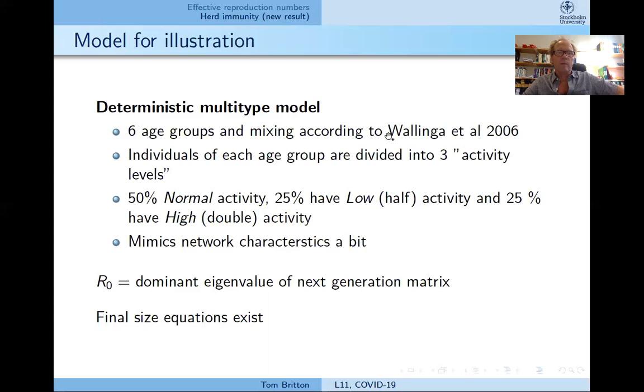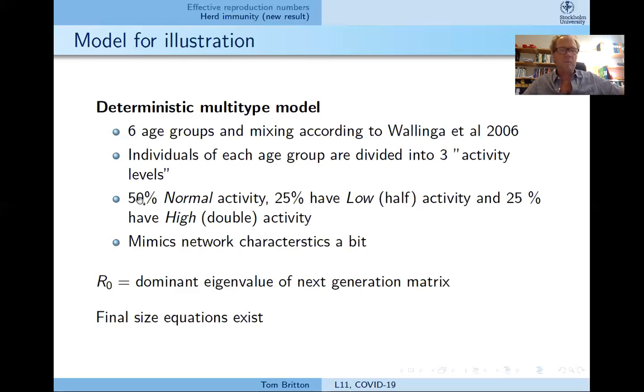But on top of that, we divided individuals of each age group into 3 different activity levels. So we assume that within a certain age group, all individuals are not identical. We have a large group of normal people that have normal activity level.